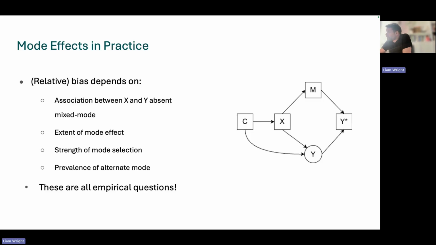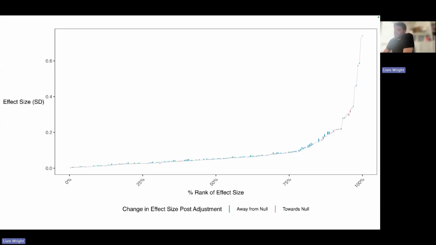So in the most recent sweep of Millennium Cohort Study, I think it's something like 89% of people respond by web and only about 11% respond by face-to-face. And obviously, given that few people actually respond in the alternate mode, that can't cause a huge amount of bias. Whereas if there's a more even split, if it was 50-50, then the bias might be worse. So just to reiterate, these are all empirical questions.